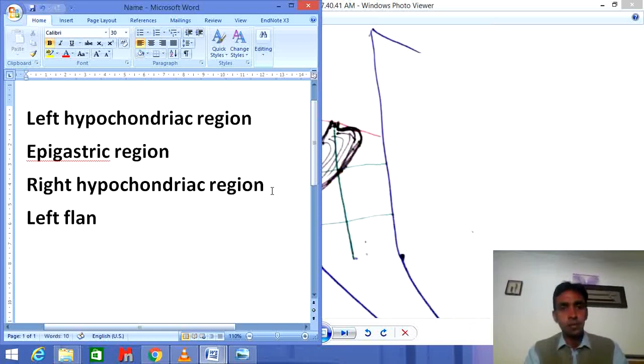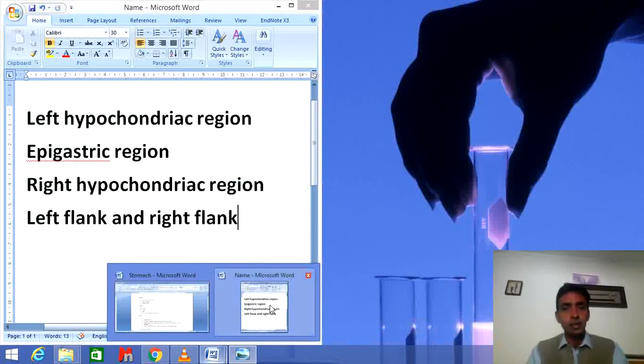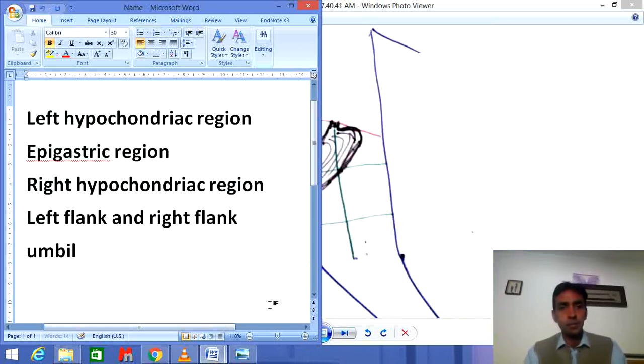Between the left flank and right flank there is this region, which is called the epigastric region. This region is called the umbilical region.